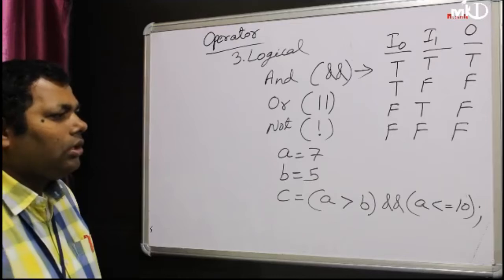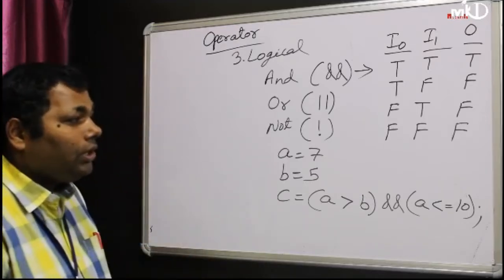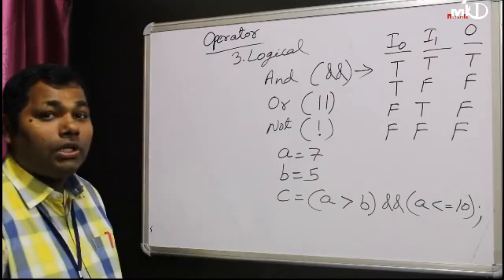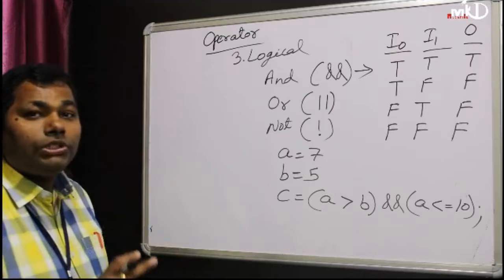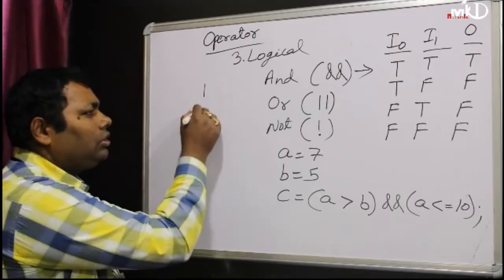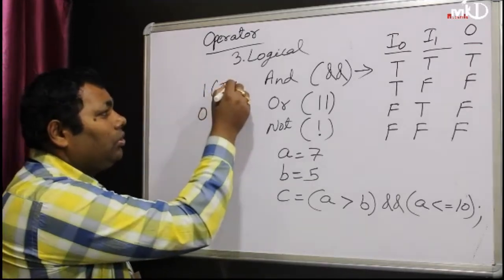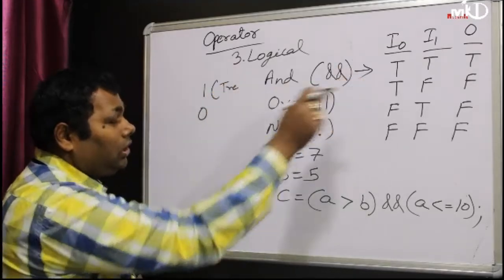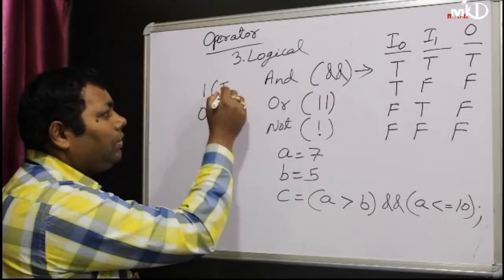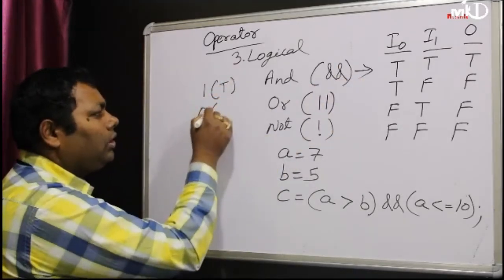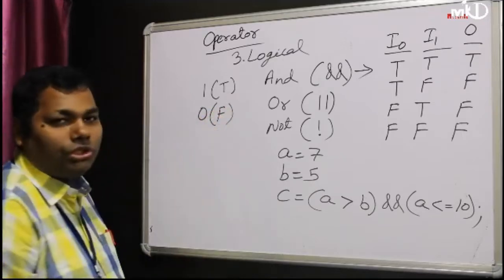Okay? One more point. Like the relational operator, the logical operator always returns either 1 or 0. As per the logic gate, if it is true, then return 1. If it is false, return 0.